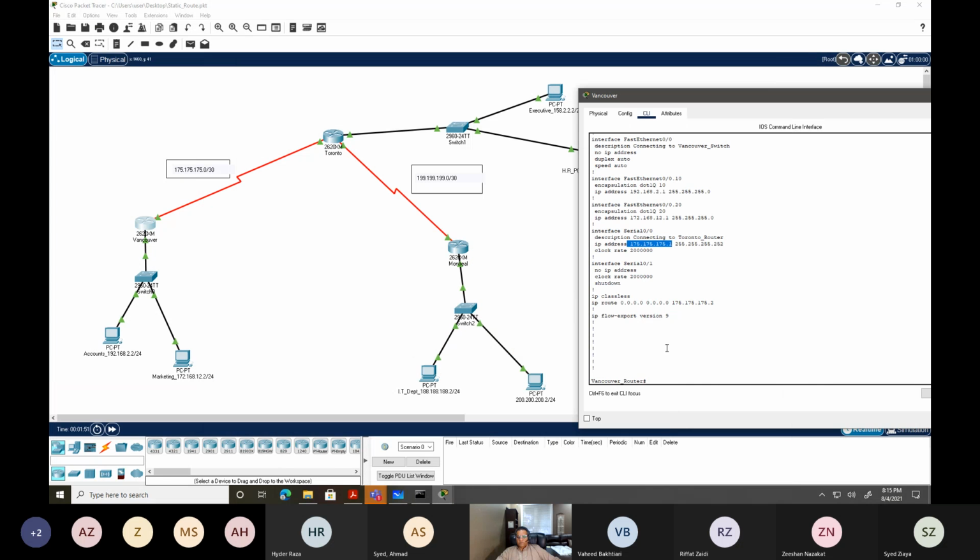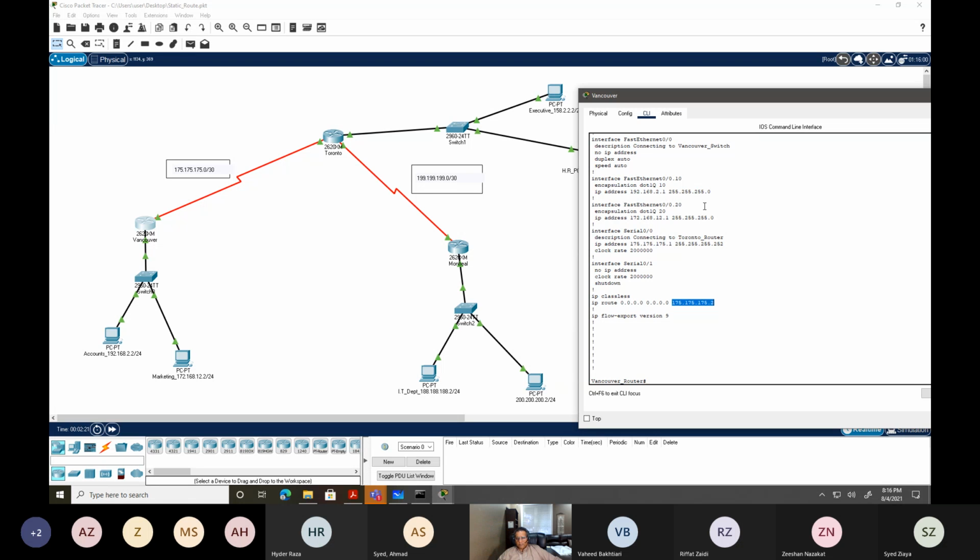Right? What I wrote here for Vancouver, I said IP route 0.0.0.0, which means if I want to go to any destination network, with any subnet mask, simply send the traffic to the next hop IP address on my other end.